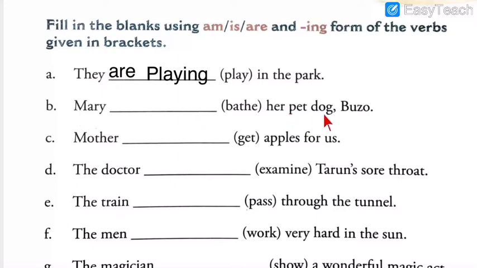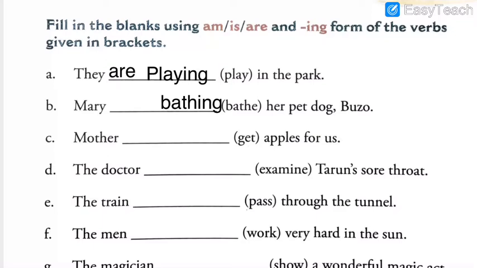Mary dashed her pet dog Buzo. So here bath plus ing becomes bathing. Let me just write that. Bath plus ing, bathing. Okay, now what will come? Mary means one girl. Singular. Can we say am? Forget about am.